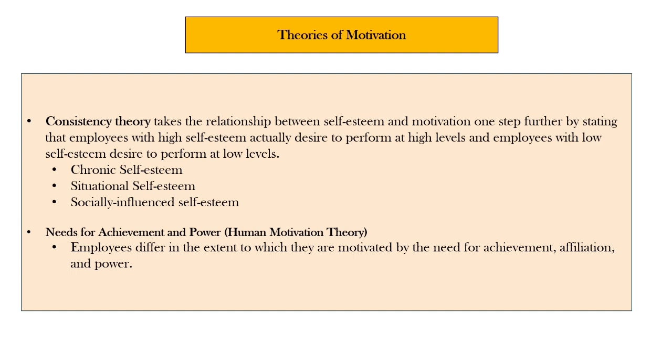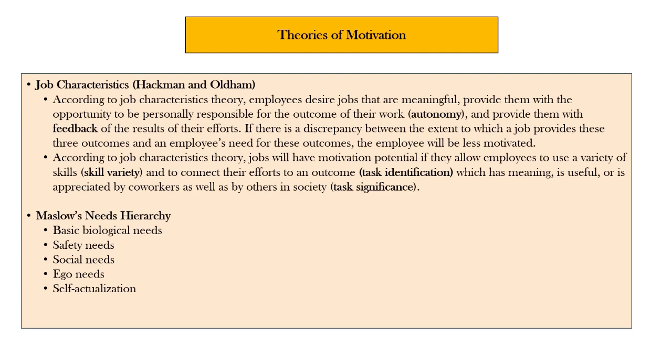Next, we have the job characteristics model by Hackman and Oldham. According to JCT, or the job characteristics theory, or the job characteristics model, employees desire jobs that are meaningful, that provide them with the opportunity to be personally responsible for the outcome of their work, which is autonomy, and provide them with feedback of the results of their efforts.